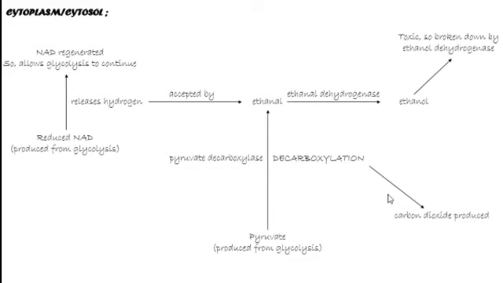So to repeat, the process of anaerobic respiration in yeast starts off with the decarboxylation of pyruvate, which results in the formation of carbon dioxide.